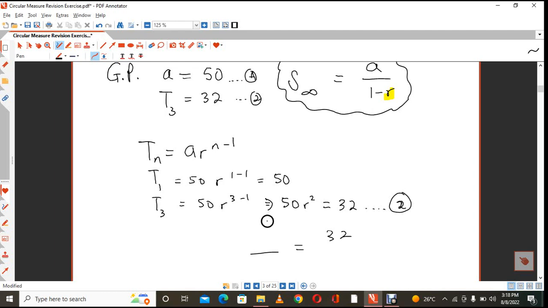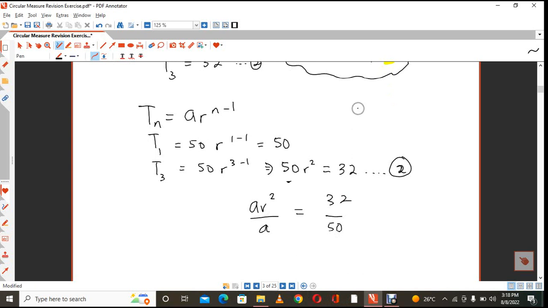We're going to have AR squared, which is the third term, over A. And we know that the third term is 32, and the first term is 50. If we do it like this, then we'll have a way to find our R.